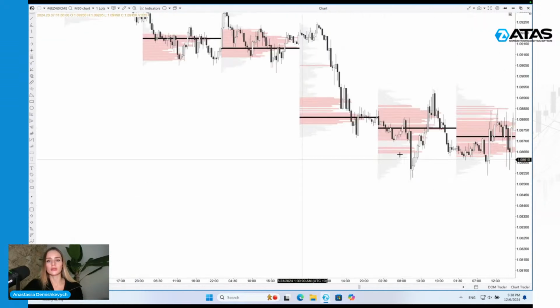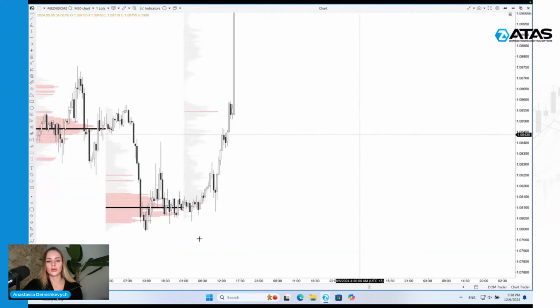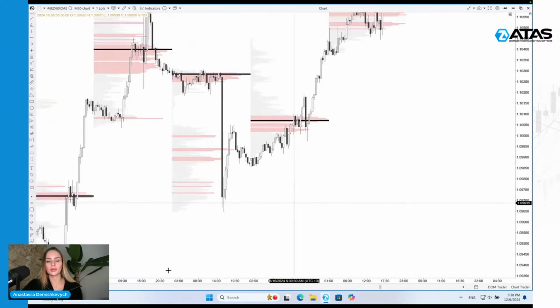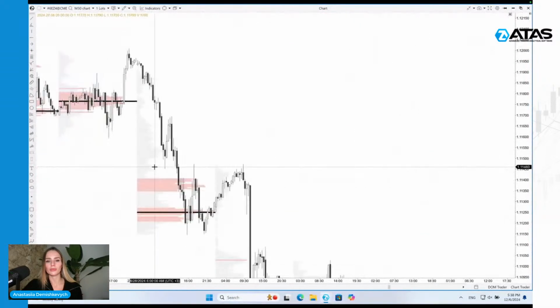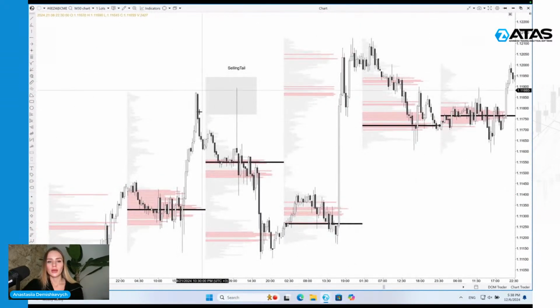Let's find our selling tail before we go into the footprint. There we go. At the selling tail, what we want to see is bright buying deltas. We want to see the bright green deltas, because that's going to be a sign of aggressive buyers pushing the price up. And the selling tail is going to be the confirmation that they exhausted themselves, they bought out, and they couldn't continue the move higher.